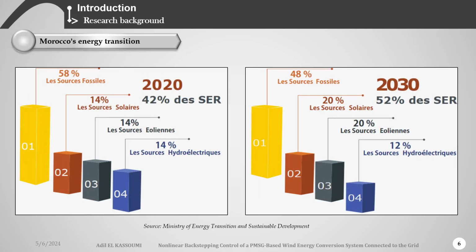To face up to this situation and reduce the rate of energy dependency, the Moroccan government has engaged an integrated energy program which aims to increase the installed capacity of renewable energies to 52% in 2030, of which 20% comes from wind power.